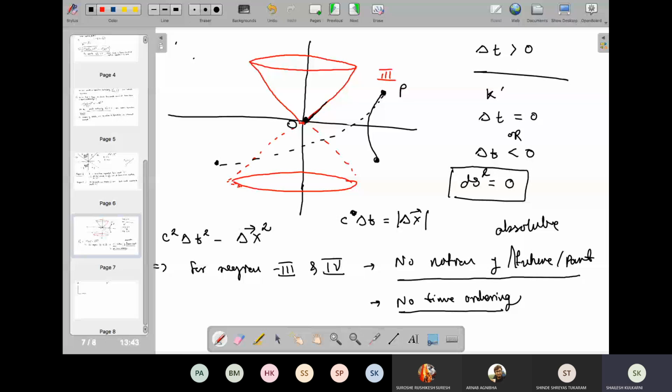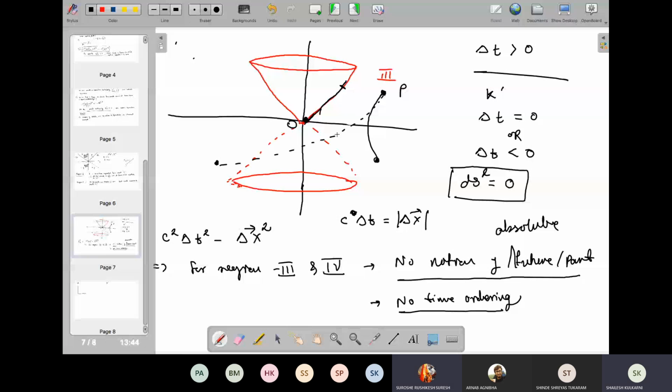By construction, here the magnitude of delta x is always positive, and here also the magnitude of delta x is positive, while in the other case this quantity will be negative.